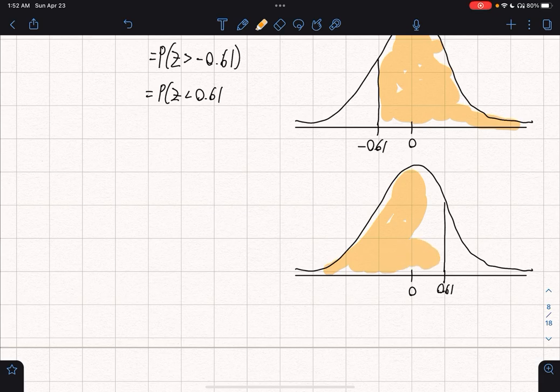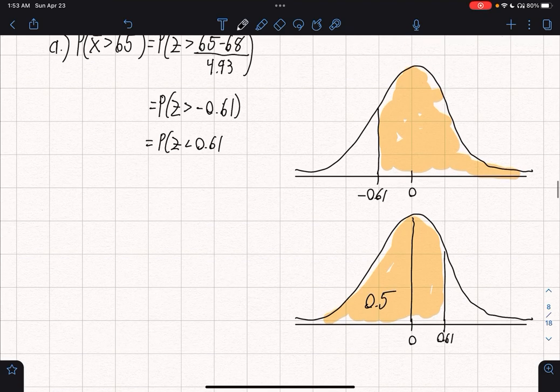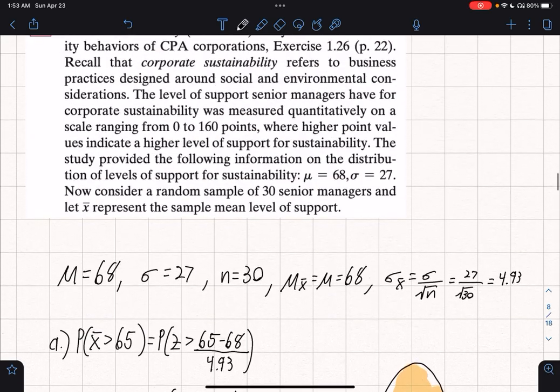And then I can follow similar logic as the last problem. So I know that this area is 0.5, so then I can look up the value 0.61 and then subtract the 2.